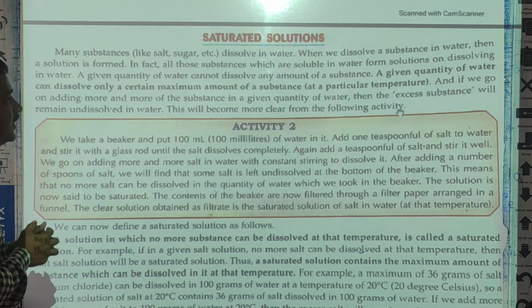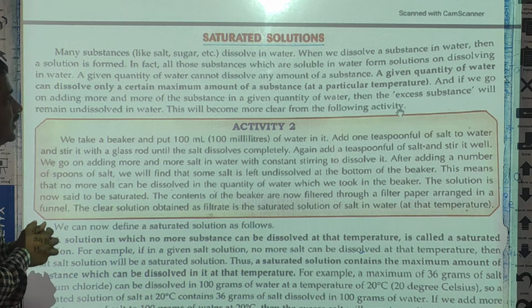If the saturated solution is cooled to a lower temperature, then the solubility decreases, and we cannot dissolve more substance in it.